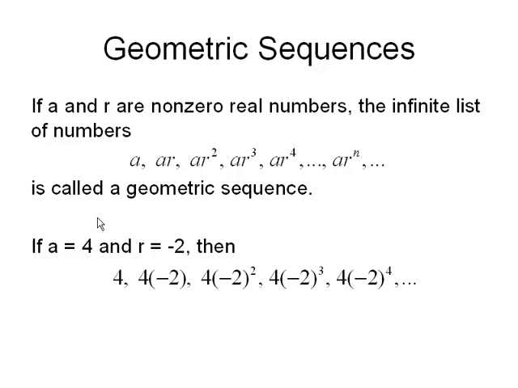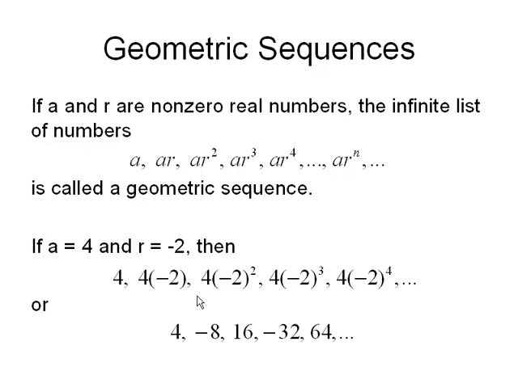So for instance, if we were to let A equal 4 and R equal -2, then we'd have 4 times -2, 4 times -2 squared, 4 times -2 cubed, 4 times -2 to the fourth, and so on.